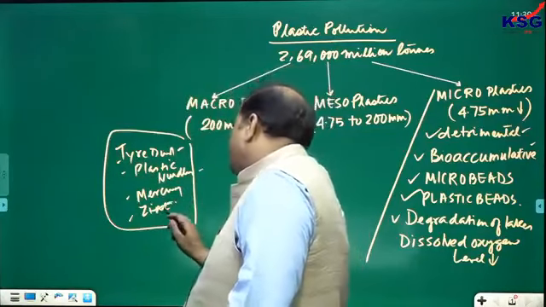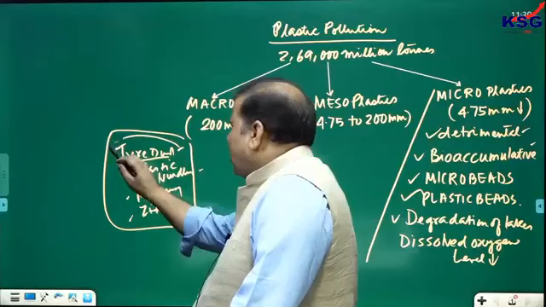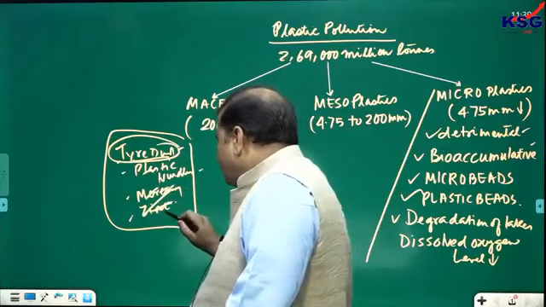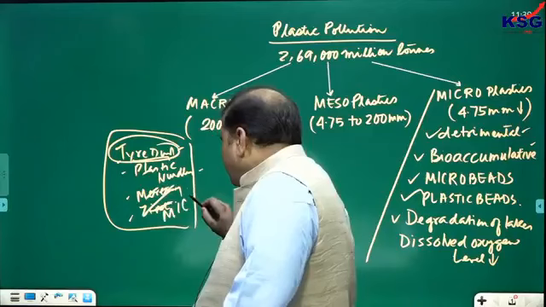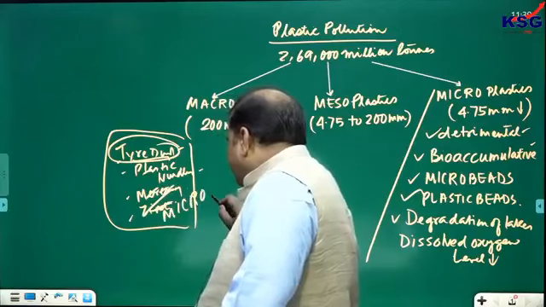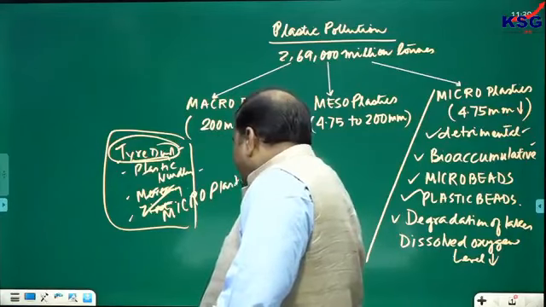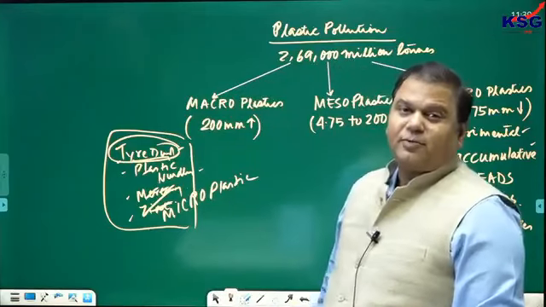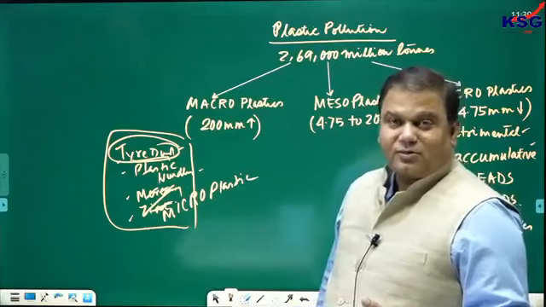Although zinc is not a micropollutant, if this type of question is asked where they try to confuse you, then tire dust would be selected. But if this is not mentioned and microplastic is mentioned, then tire dust itself is a microplastic. Then microplastic would be selected as the option.